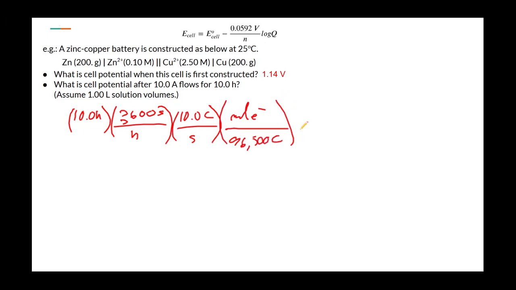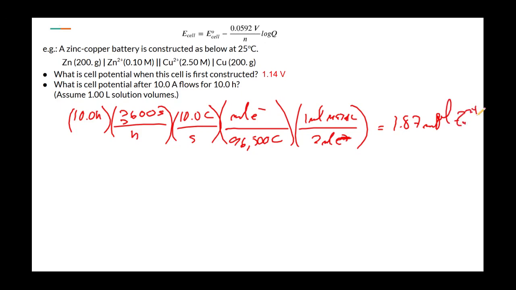That's Faraday's constant. And then there's 1 mole of each of our two metals for every 2 moles of electrons, because these are both 2+ ions. If we calculate this out, we get 1.87 moles of either zinc 2+ or copper 2+.